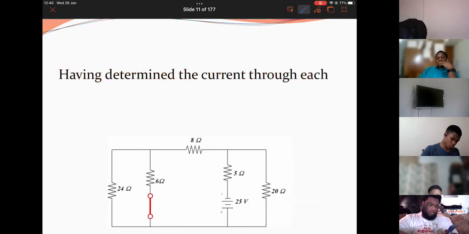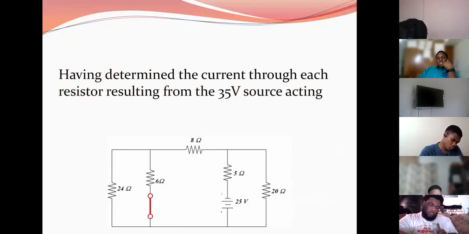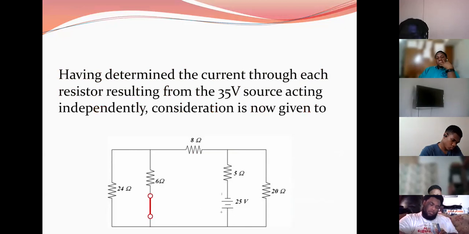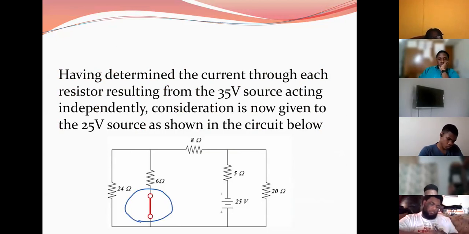All right? So for the 35-volt source here, I'm replacing it by its internal impedance.